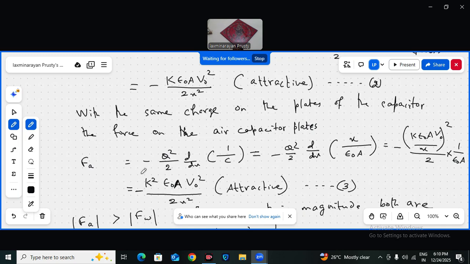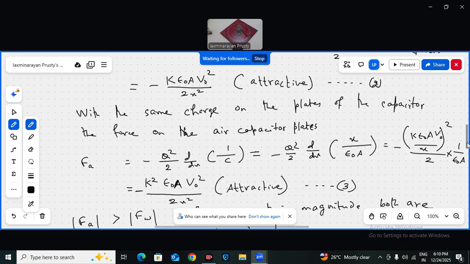So in air, the force of attraction between the plates would have been quite large, larger compared to when water is there. Why so? Same charge is there. Because the dielectric water must be pushing it outward, so that the net force becomes this.